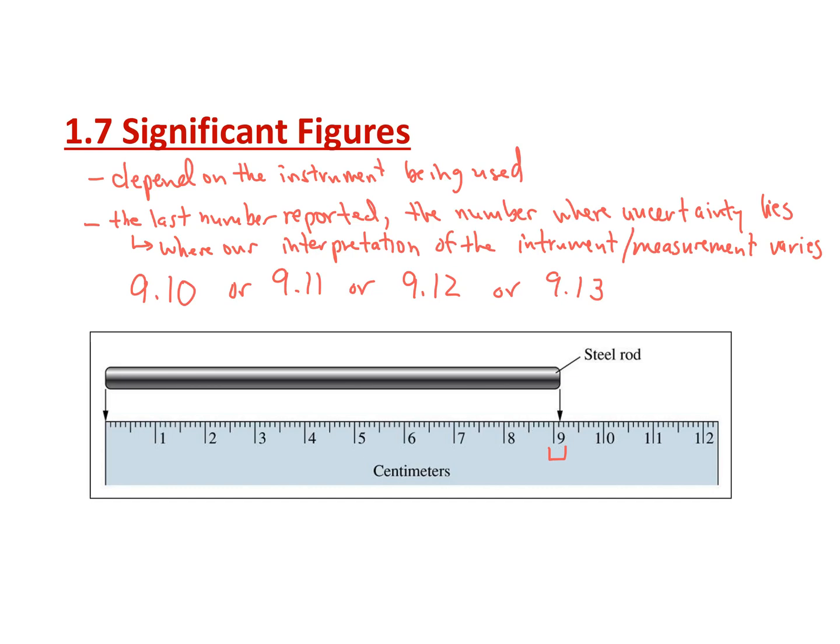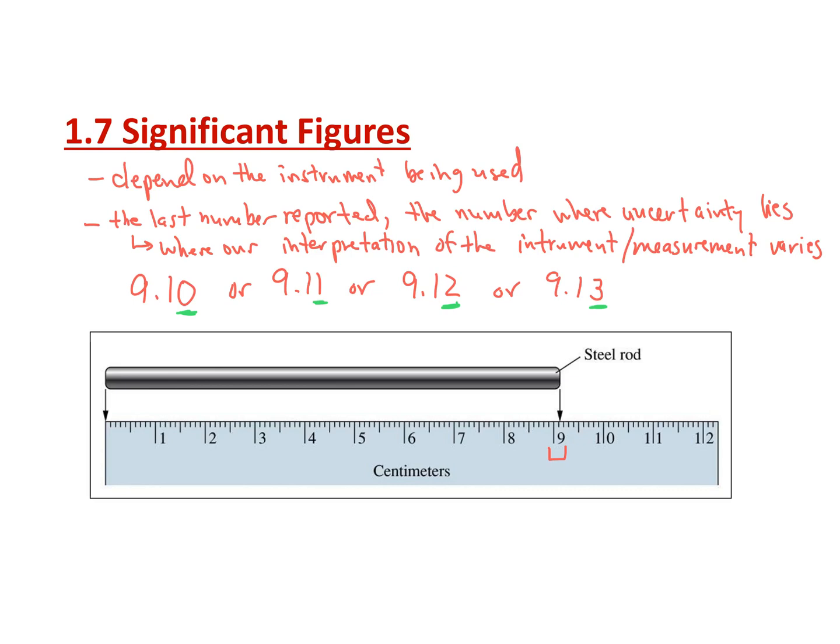All of those are fine. And here is where we have uncertainty because we are guessing at that second decimal place. We can make that measurement 9.11, 9.12, because we're allowed to go 1 decimal place beyond what we can measure. And that is the last number we can report, right?